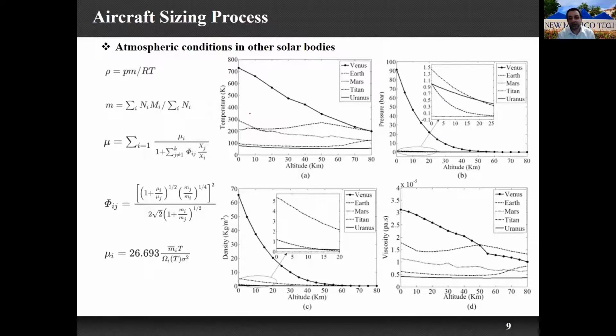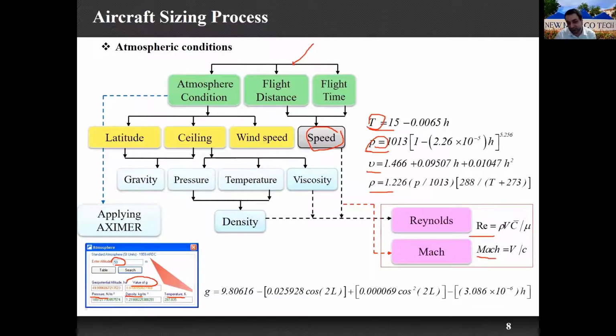This type of aerial object is flying in a different environment than Earth, so we will have different scenarios. Density, viscosity, temperature, pressure, which are all factors we discussed here, and including gravity, are all changing on Mars or on Venus.